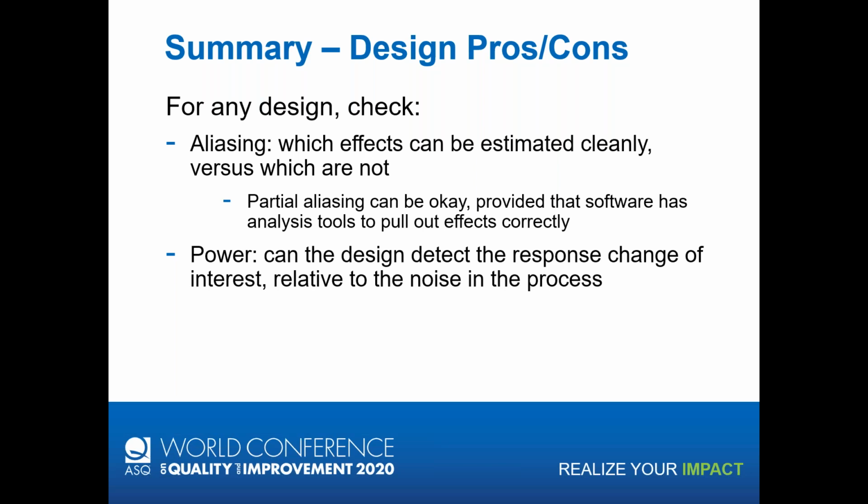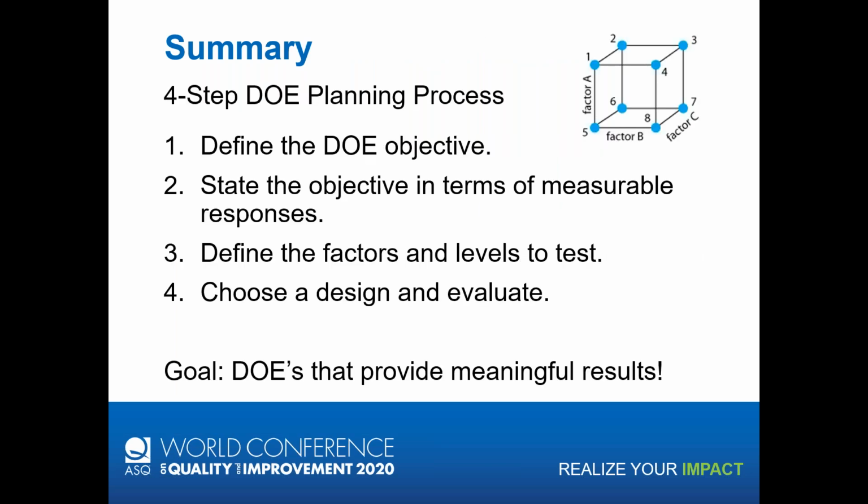Otherwise, you're not really proving anything. We've certainly seen plenty of write-ups where people chose designs that were too small to find an effect, and they think they're proving that the process is rugged, and they're really not, because the design wasn't capable in the first place. So check power, check aliasing.